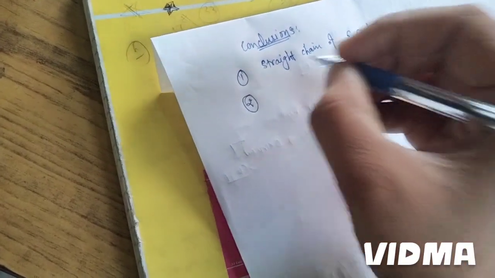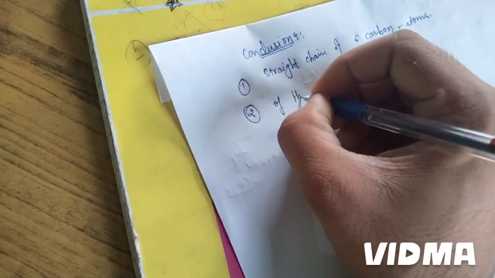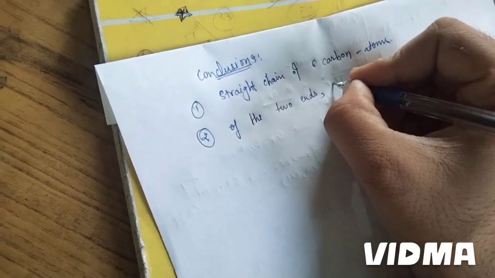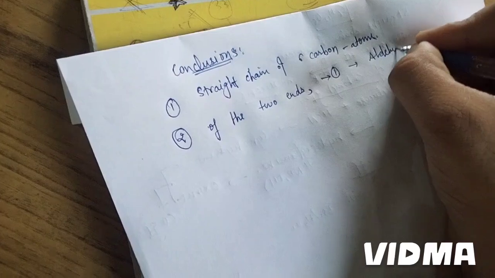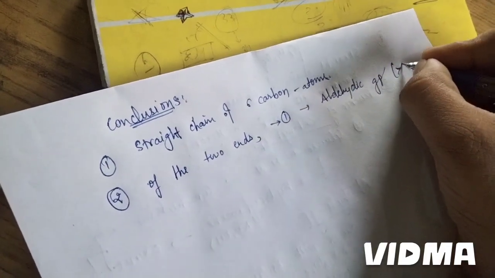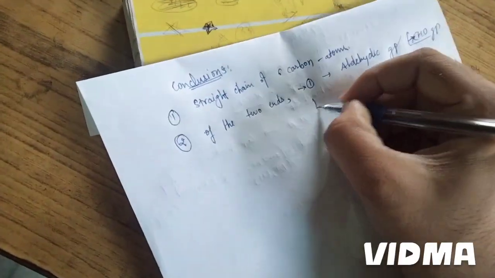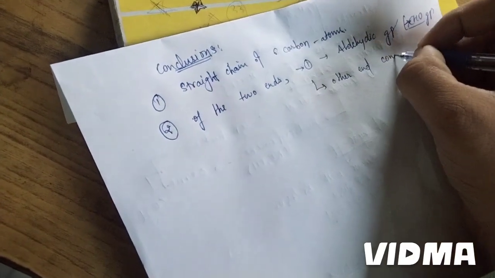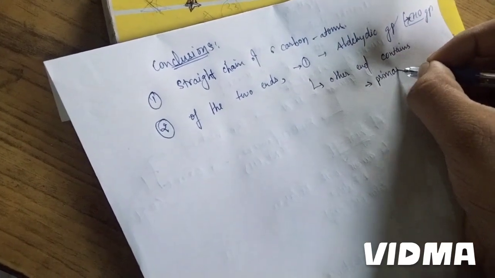Second one was, on the two ends, one end contains the aldehyde group, or we can say the CHO group, and the other end contains the primary alcohol group.